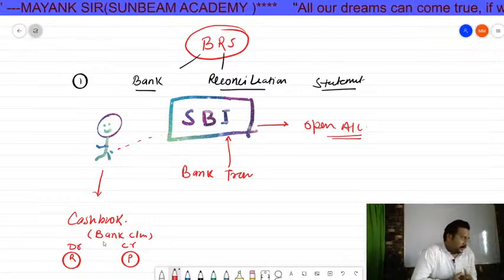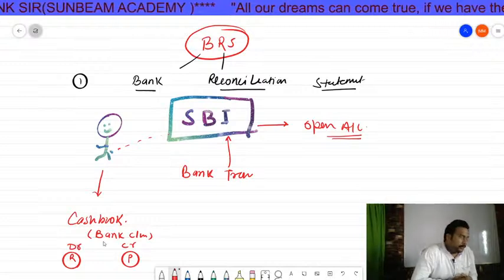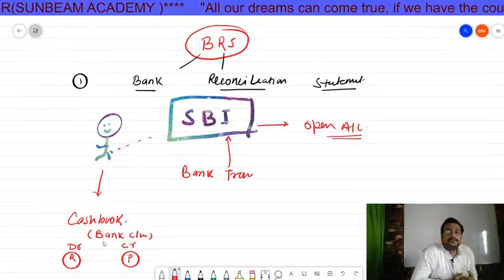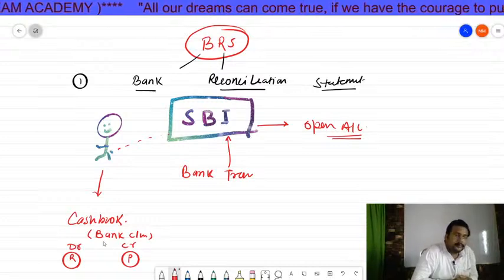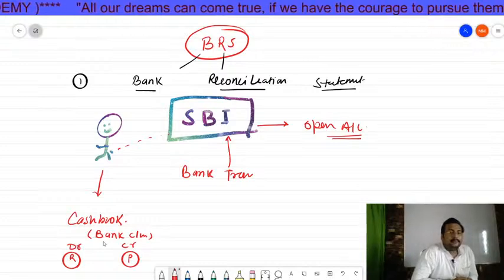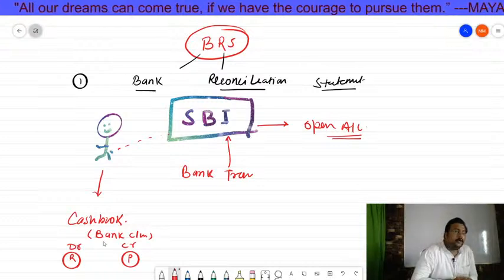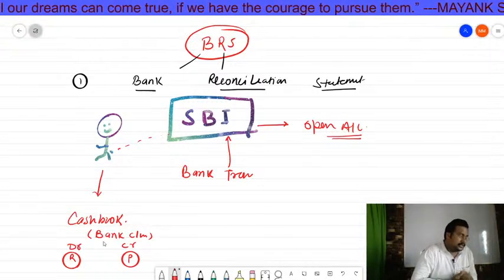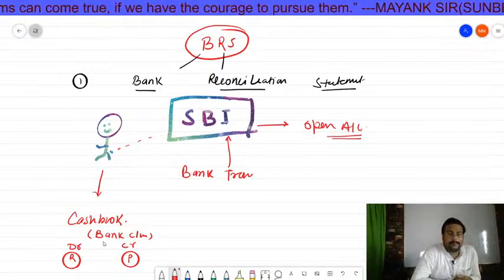What is the full form of BRS? When the person has a bank account and is doing transactions, only then are the persons preparing the BRS. All the bank transactions, the persons record in their cash book bank column. Bank column debit records all the receipts, and bank column credit records all the payments.